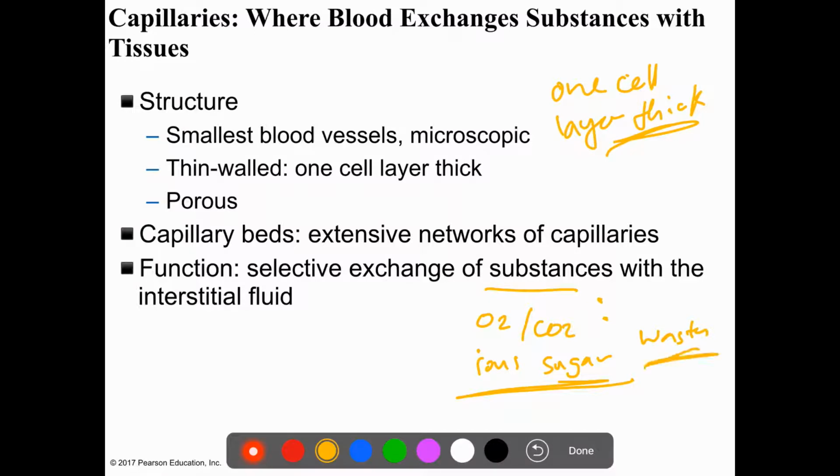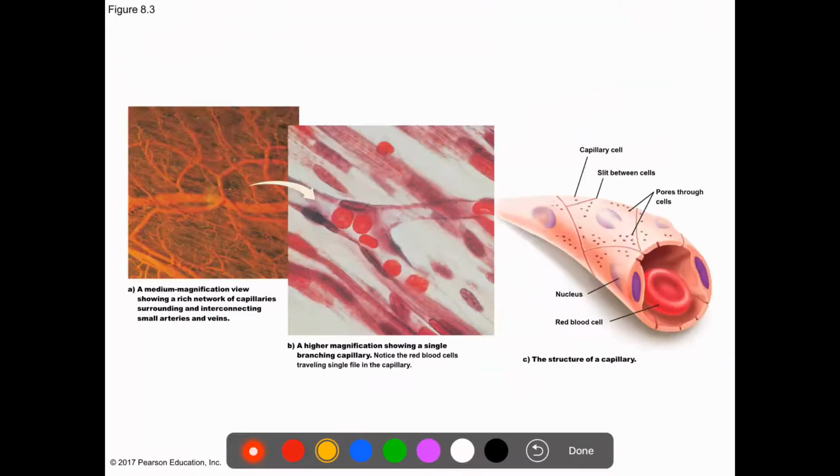Anything that the cells need, they will take from these capillaries, and anything the cells do not need, they will deposit into the capillaries. So this is a drawing of the capillary. As you can see the pores, and here a microscopic image of a capillary. As you can see, it's barely enough to hold one blood cell within them.